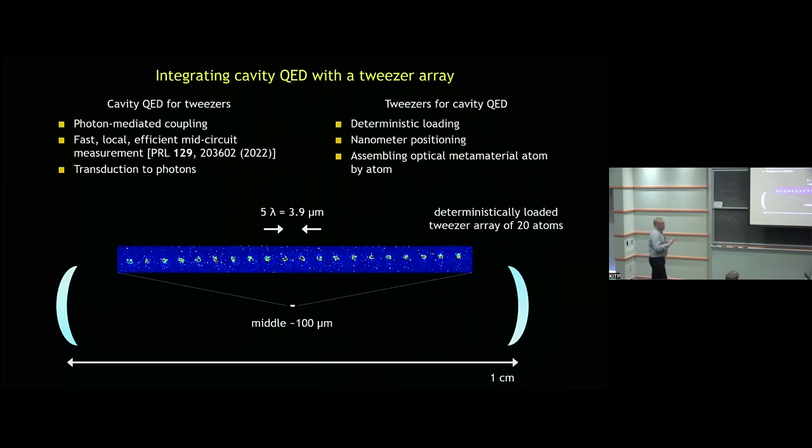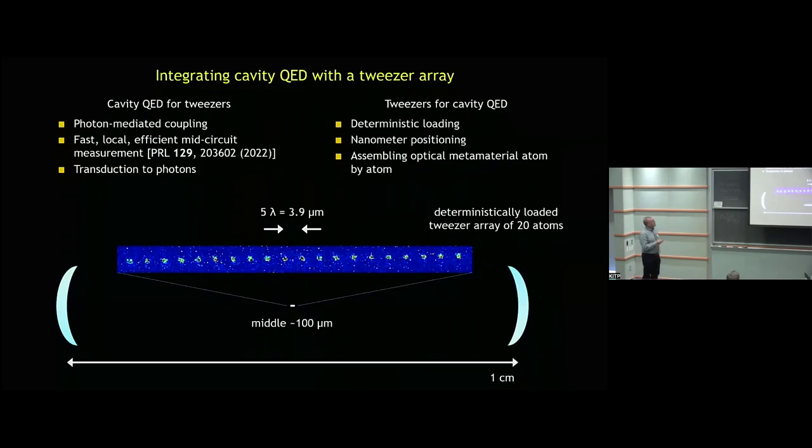And as we develop our agenda in the lab and what kind of experiments we want to pursue, we think about 2 different directions to take. One of them is, now let's think about using the powerful effects of cavity QED to improve the physics of working with atom tweezers, maybe to improve the performance of tweezer-based quantum simulators and quantum computers. And we have some work along that direction.